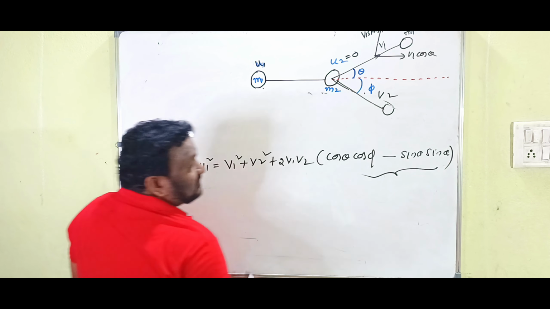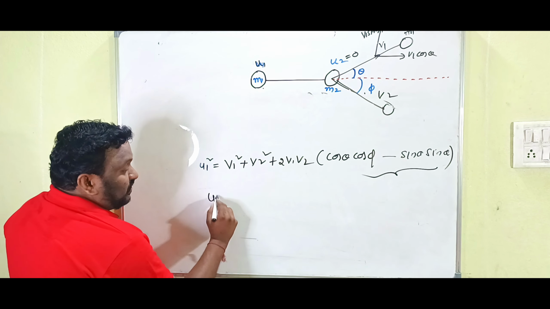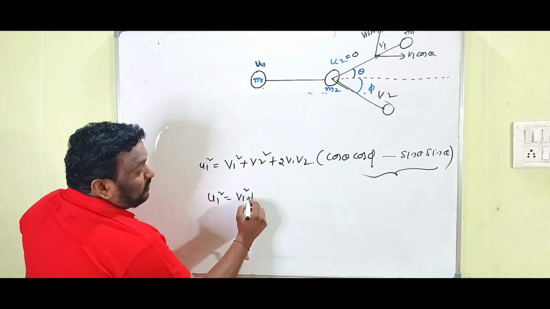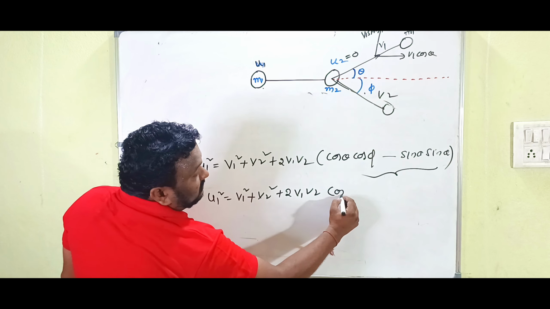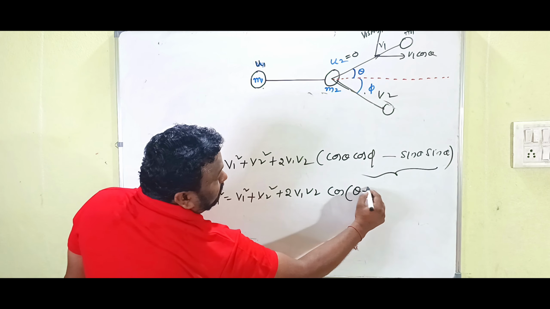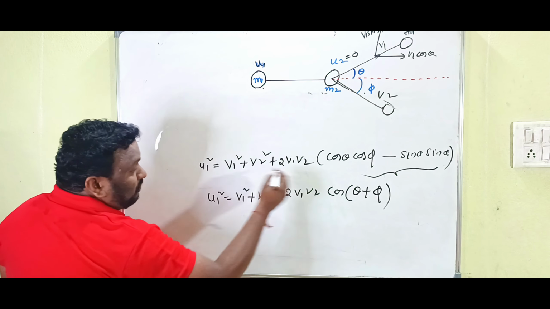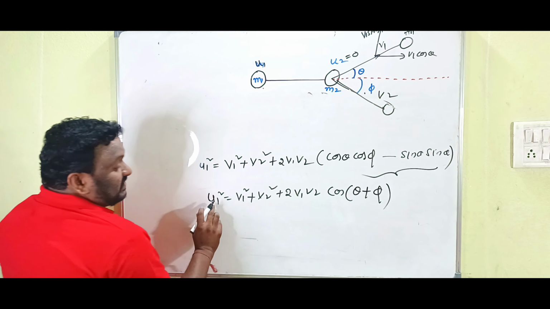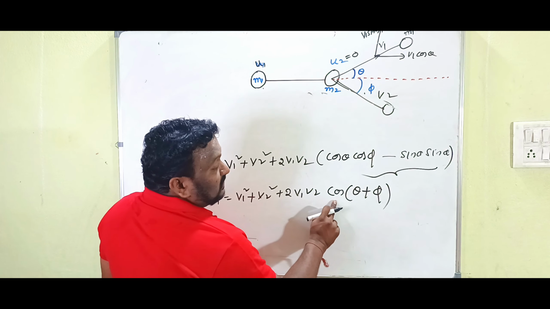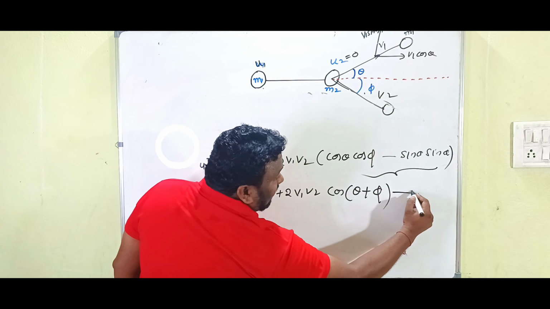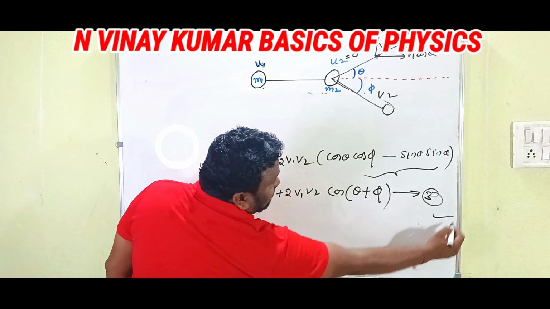It is in the form of cos of a plus b. That's why u1 square is equal to v1 square plus v2 square plus 2 v1 v2 cos of theta plus pi, and it should be taken as equation number 3, children.